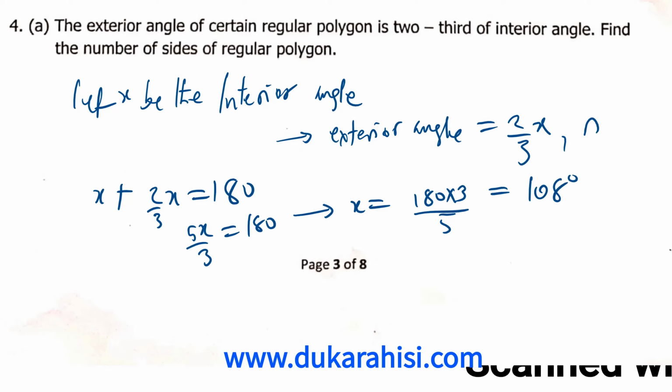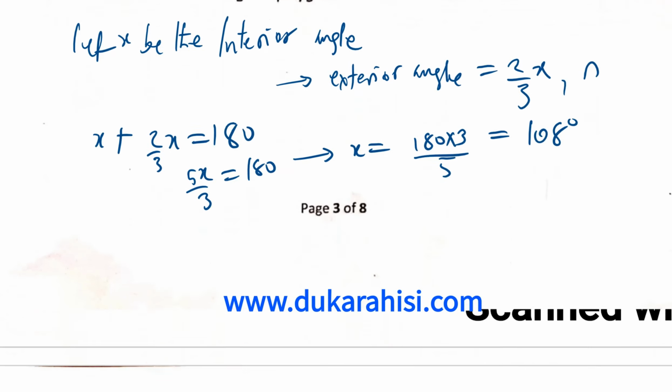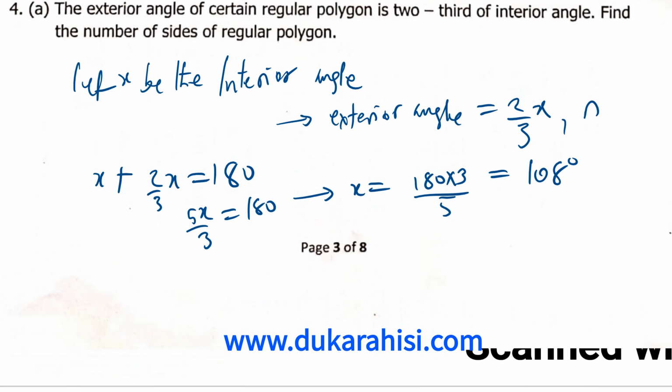Because we now know one interior angle, we have two ways. I'm going to opt for only one way of solving for the number of sides of the polygon. We know that the exterior angle equals 360 divided by the number of sides.